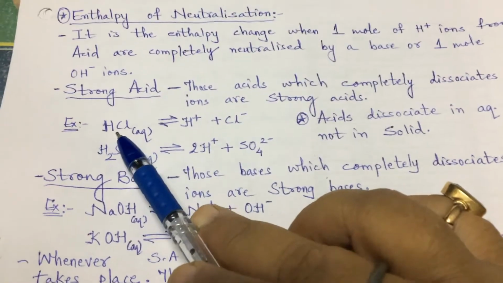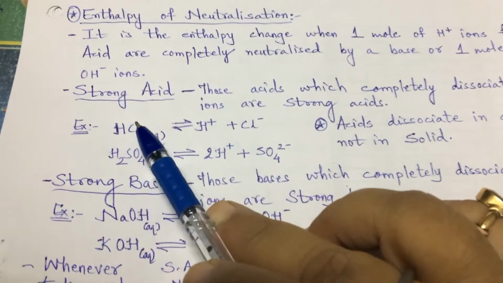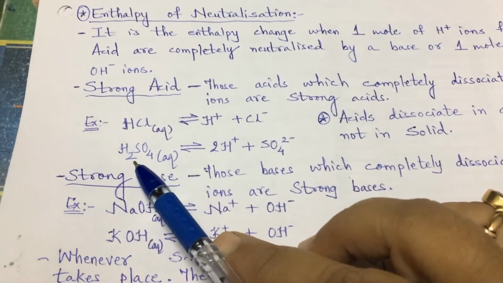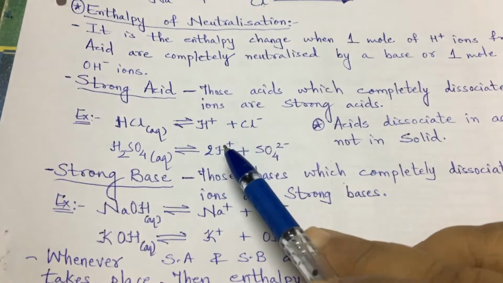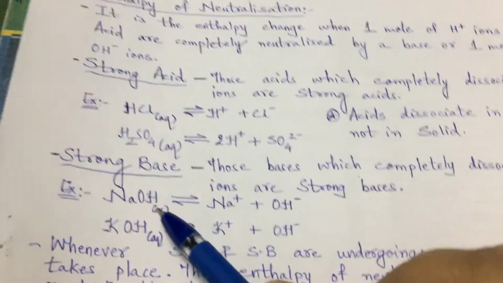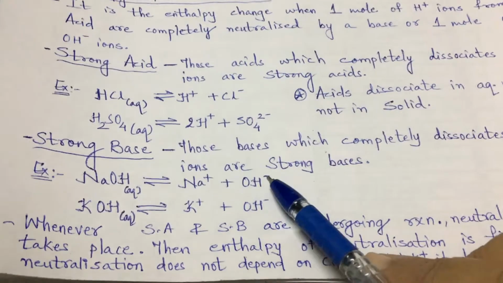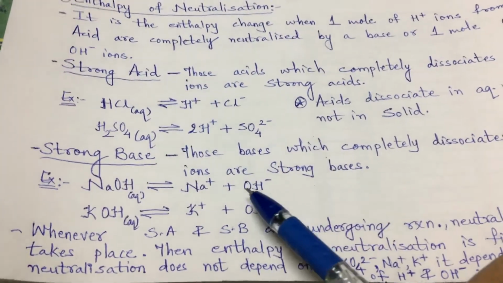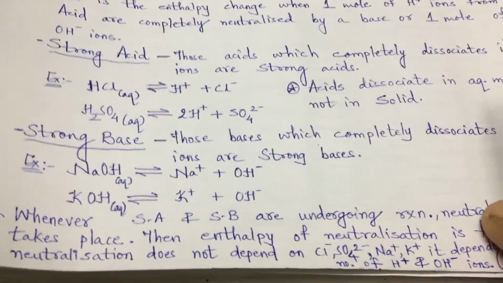And when complete dissociation of the hydrogen present in the compound takes place, here one hydrogen is present, here two hydrogens are present, and complete dissociation of hydrogen ion takes place, and here also complete dissociation of OH minus ion takes place, then these are termed as strong acid and strong base.